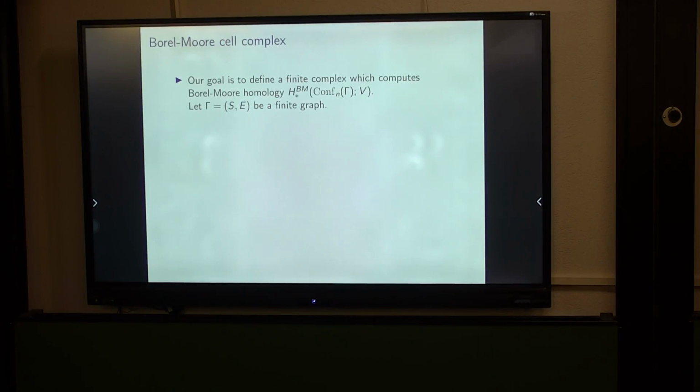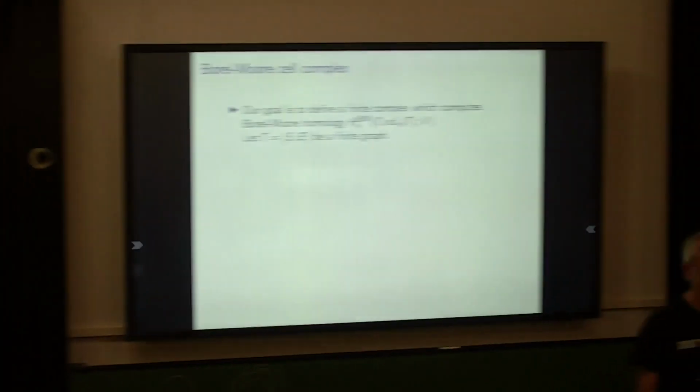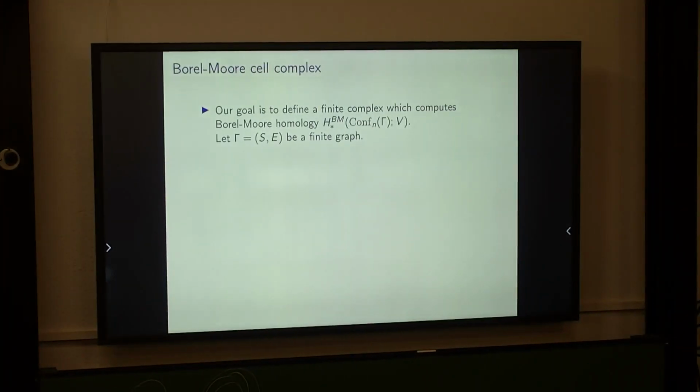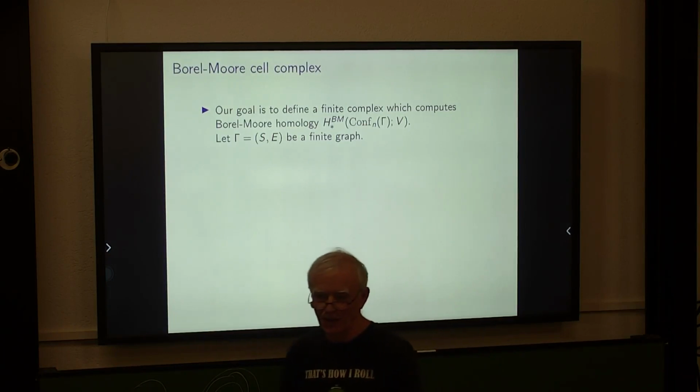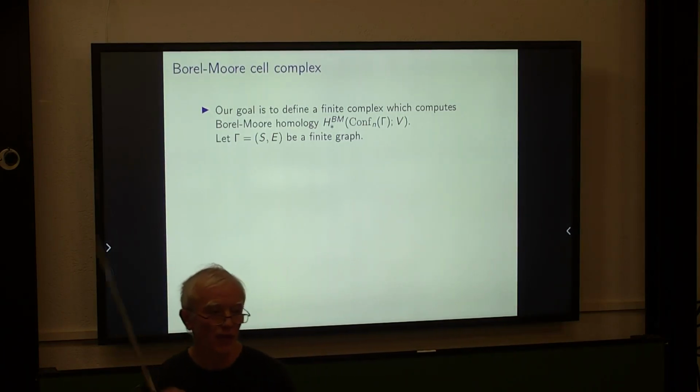And this is where I will introduce a Borel-Moore cell complex. If you take the usual cell decomposition with compact cells, each time you have an open manifold, you will have an infinite cell decomposition.